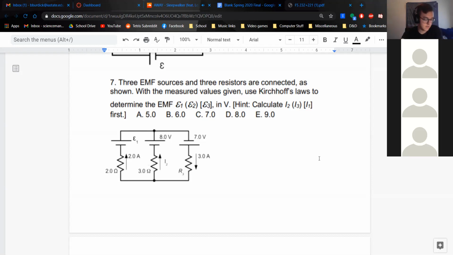All right, so Christian got A. I did solve explicitly for I2, so if you want to check that intermediate step, you can with me.